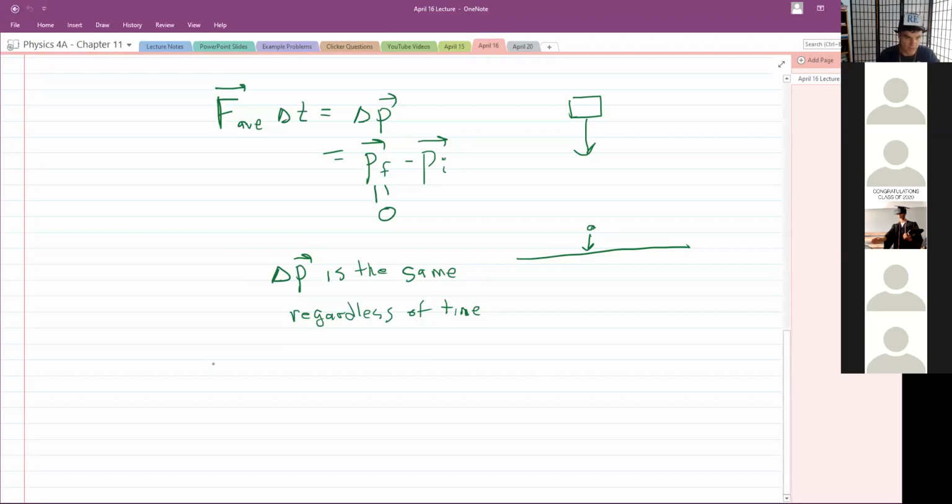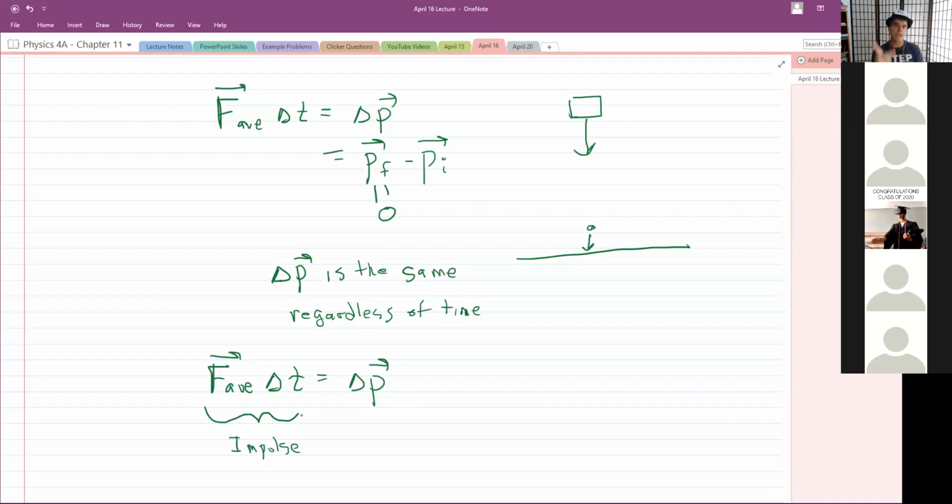So if I think about this, then my average force times delta t is my change in momentum. This right-hand side is the change in momentum. This left-hand side is my impulse. If the change in momentum is the same, that means the impulse is the same.